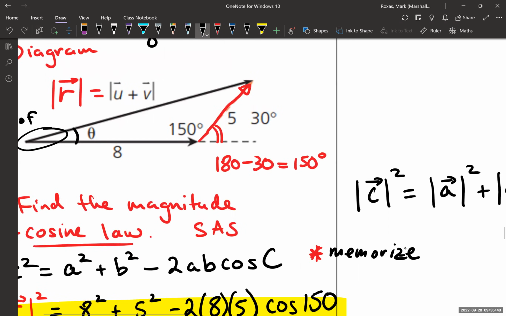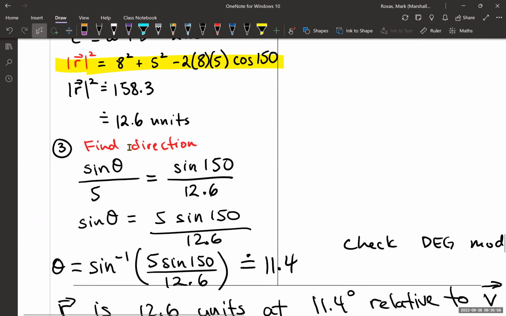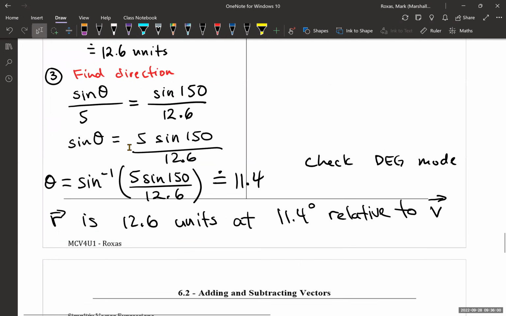The 8-unit vector is vector V, right? So that theta is being made in reference to this vector here. That's how I will express it. Okay, so that concluding statement is important. That's like 1 mark of the whole problem, if that was a test question.